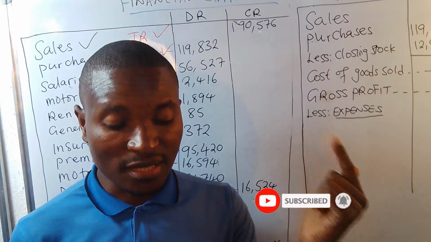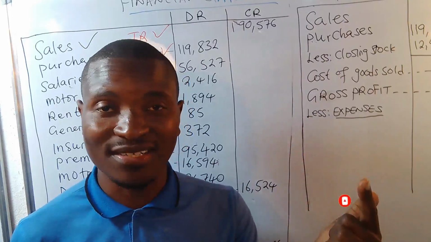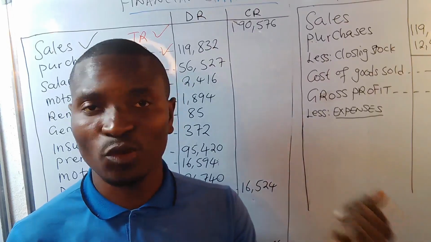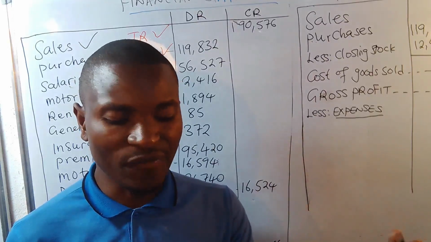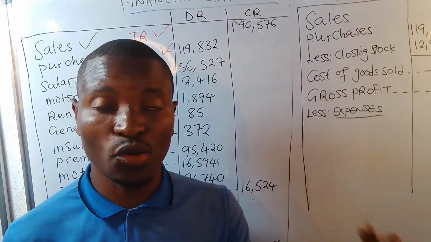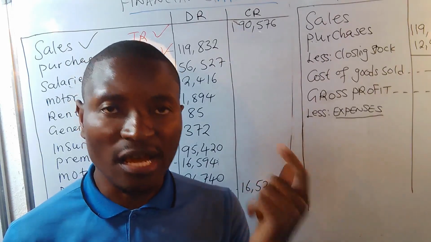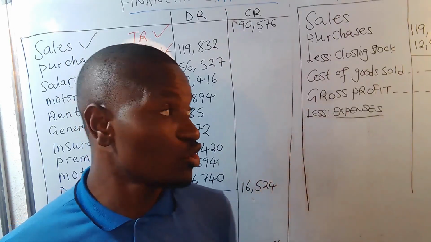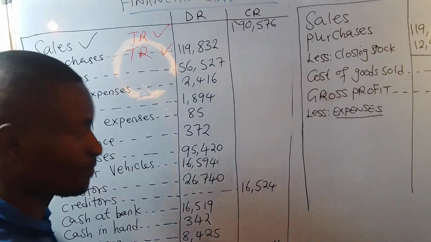So salaries, okay, we have number one, salaries, we have motor expense, we have rentals or rent, and even insurance, and also general expenses. Those are the expenses that we have, and we have got to list them. Okay.